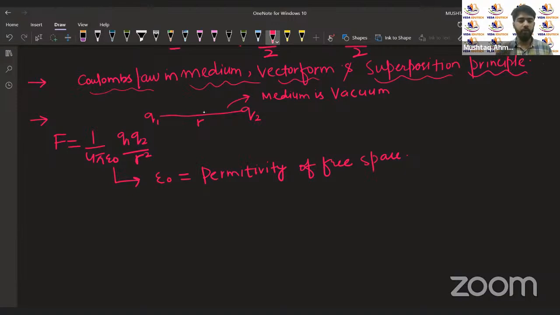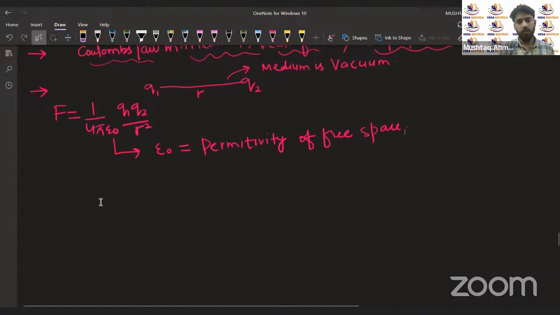ये हमारे पास क्या है? एप्सिलॉन नॉट इज द परमिटिविटी ऑफ फ्री स्पेस. सपोज कि ये चार्ज Q1 एंड Q2 स्पेस में नहीं है, किसी मीडियम में.